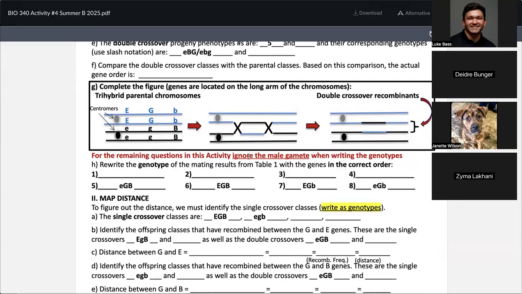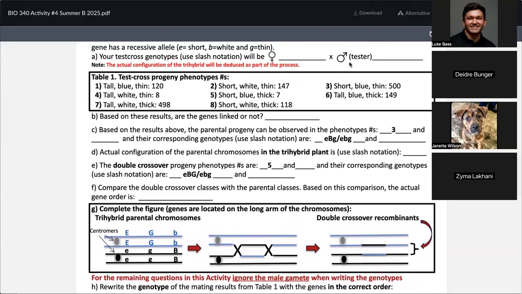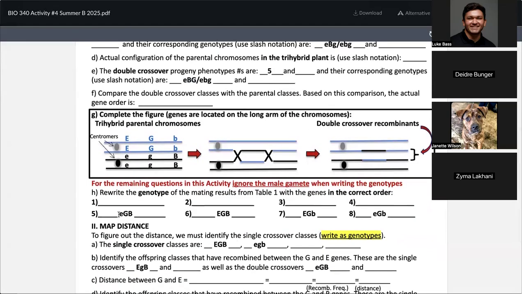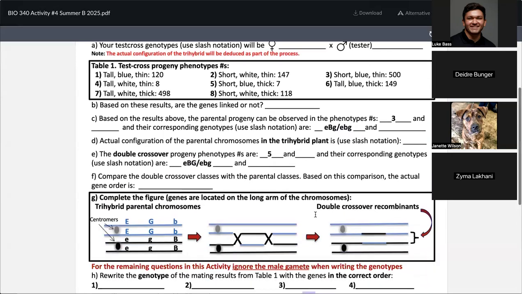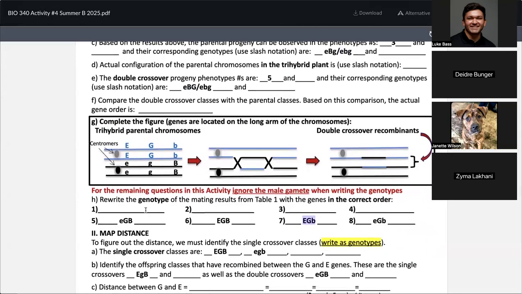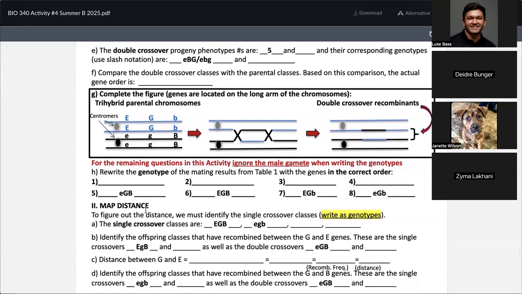Ignore the male gamete, which is the tester up here. You're just going to write the female gametes here. You'll do 1 through 4, doing the E, G, B order, which you'll get from table 1.